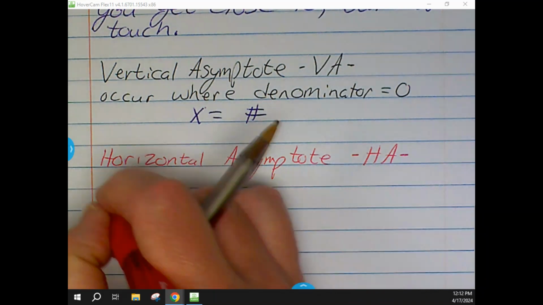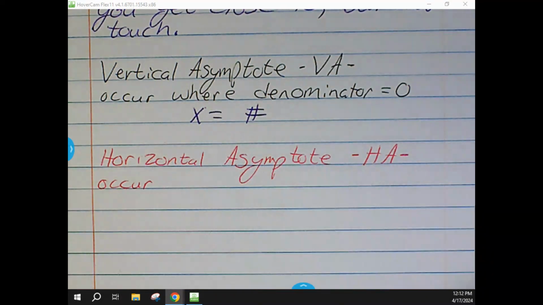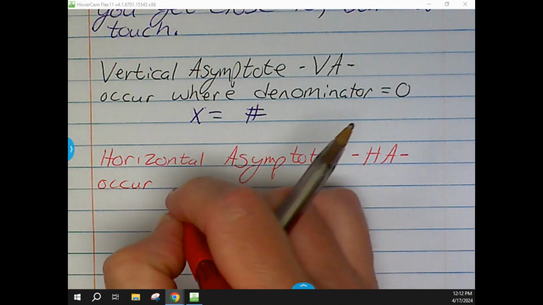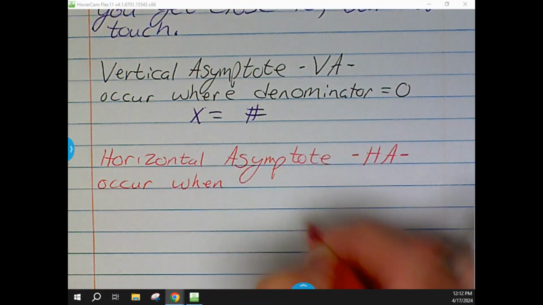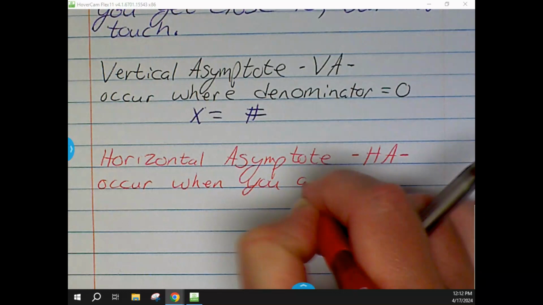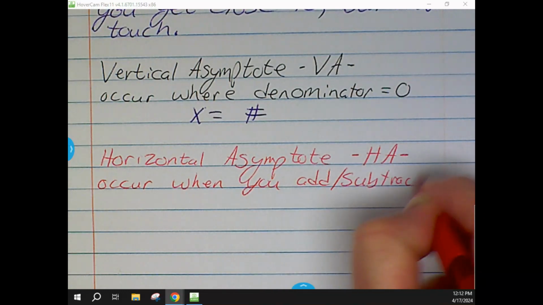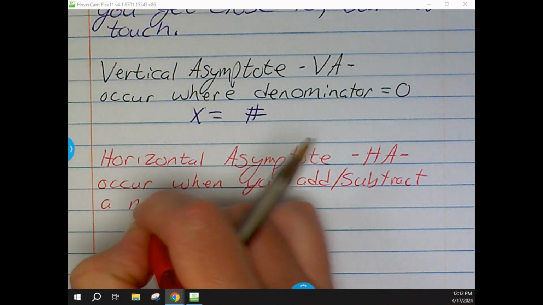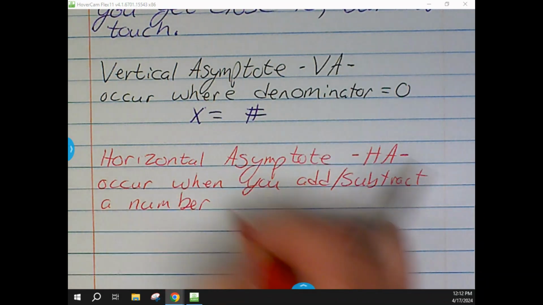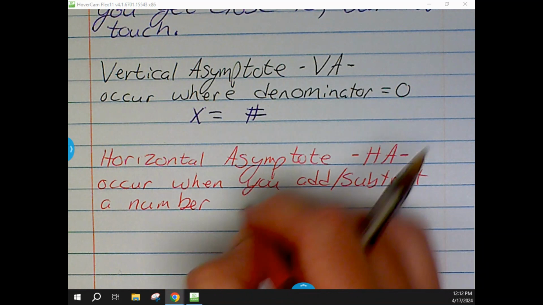Basically, these occur when you add or subtract a number outside of the fraction.